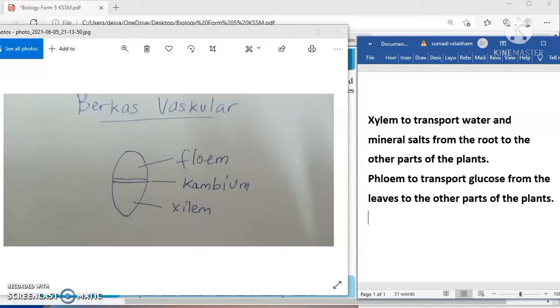What is the function of the cambium? Cambium, English, I think will come C. What is the function of the cambium?